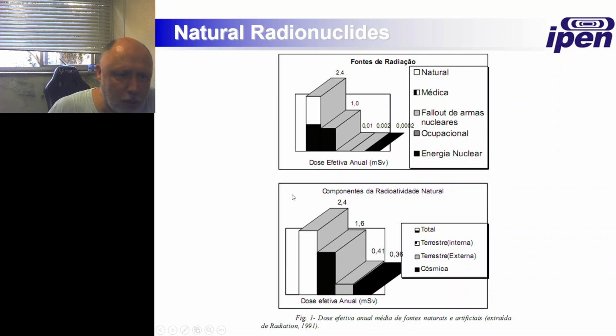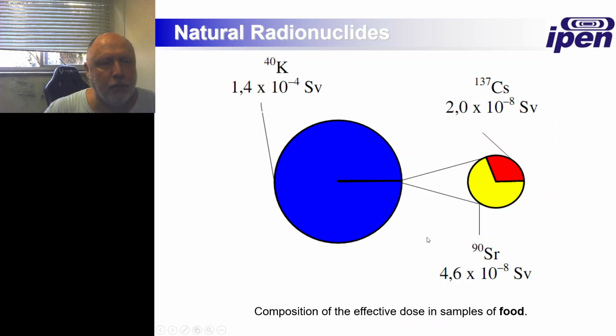And if you look just at the natural one, most of it is terrestrial internal, meaning the radon you inhaled. Part is terrestrial external, meaning what comes from the presence of uranium, thorium, and everything irradiating from the outside, and cosmic rays are a very small part, right?